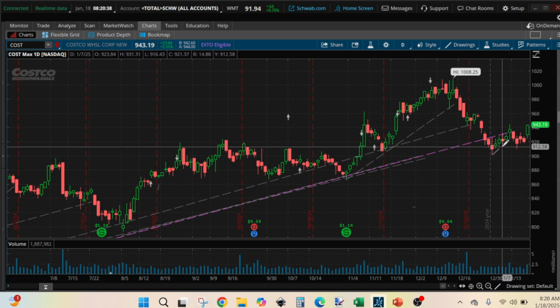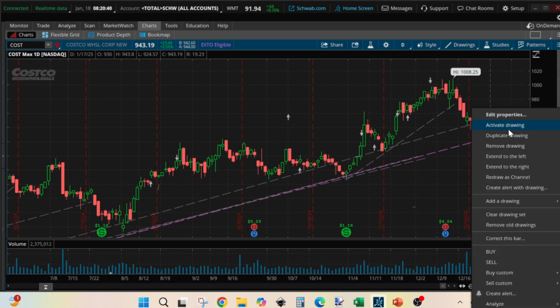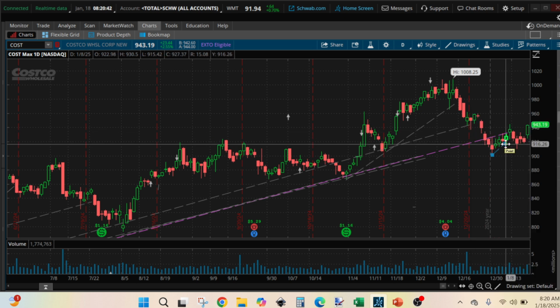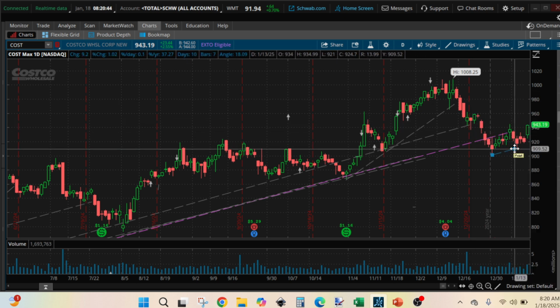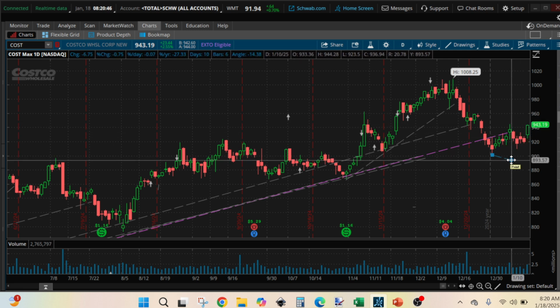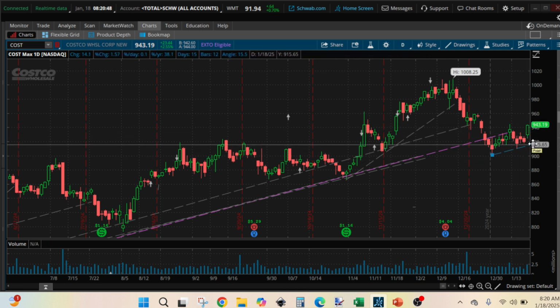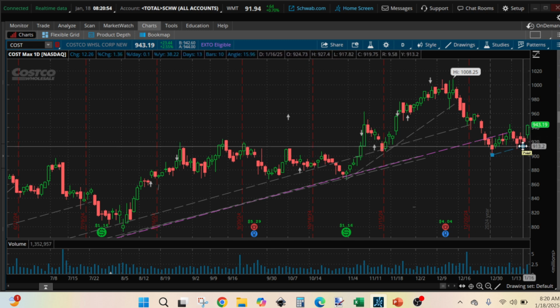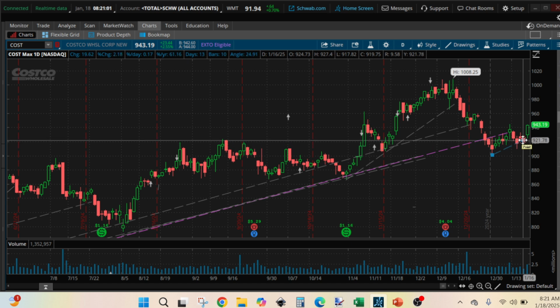So this trend line that I'm tracing there, I could activate it and connect those 2 points. And since the price already left that, I will just go connecting where the chart started, the first touch point.